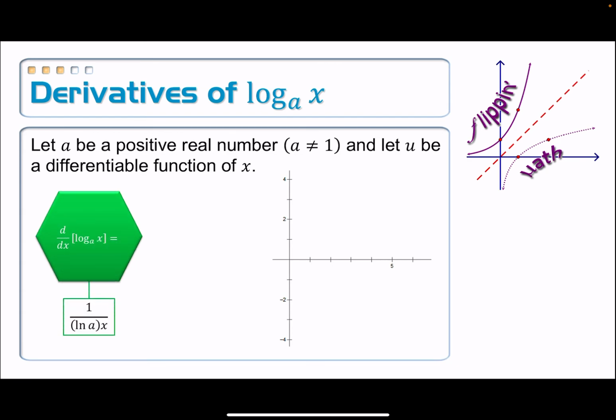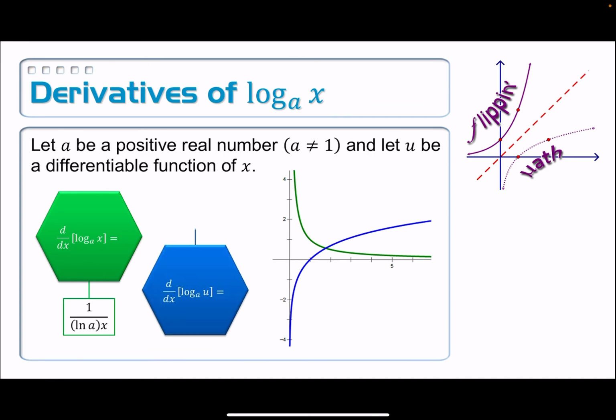The derivative with respect to x of the log base a of x is equal to 1 over the natural log of a times x. And then here's a graph of a sample of it, and then here is the graph of its derivative.